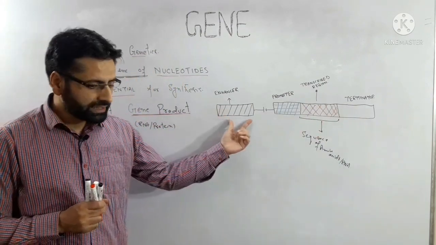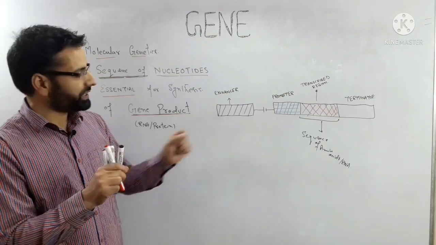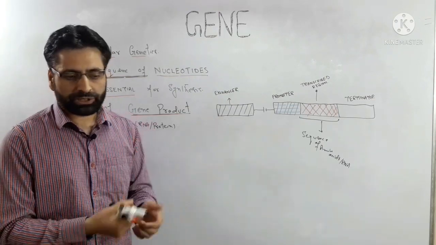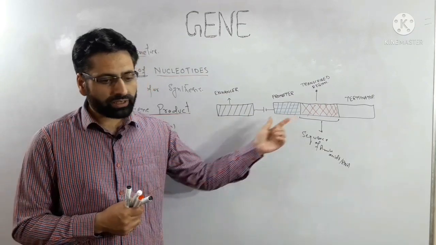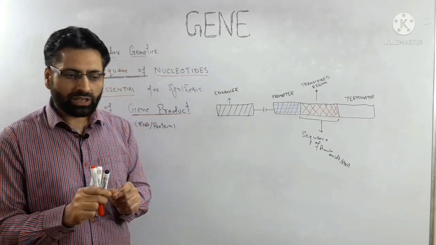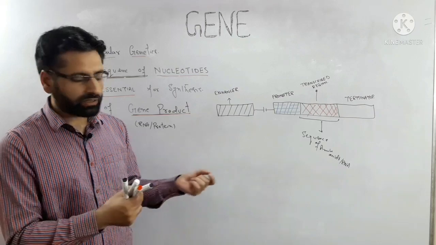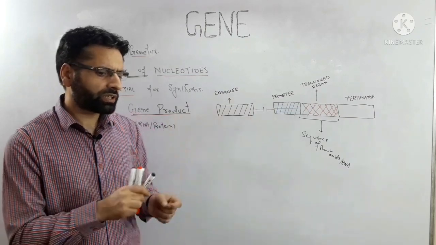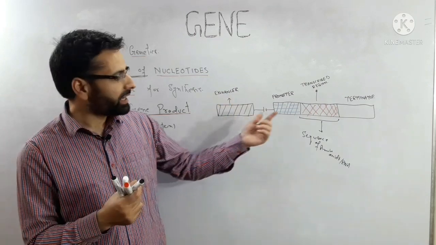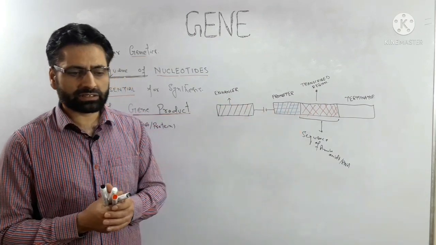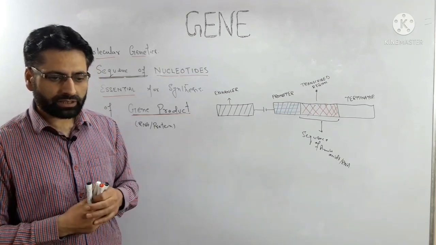But this enhancer region is a short segment of nucleotide sequences which enhances the transcriptional activity of the gene. And similarly, in the promoter region, we have nucleotide sequences where first the transcription factors bind, and then those transcription factor proteins recruit the RNA polymerase, and then RNA polymerase starts the synthesis of the RNA chain.